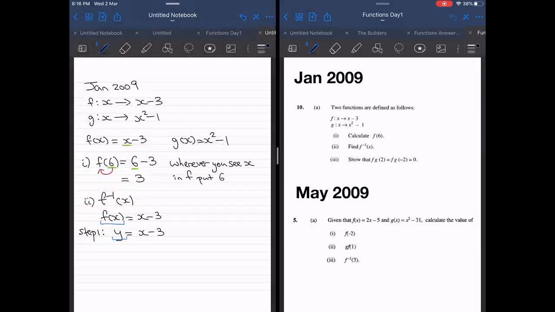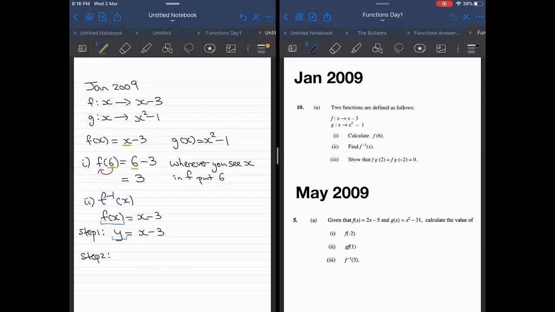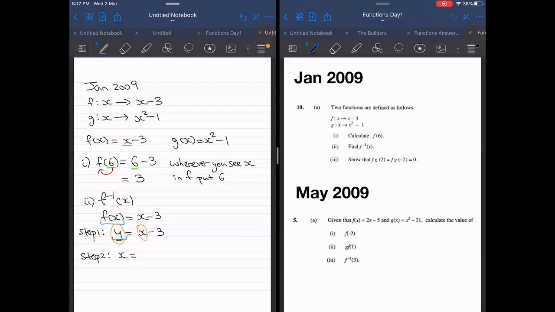Then step 2, wherever I see y, I'm going to put x, and wherever I see x, I am going to put y.